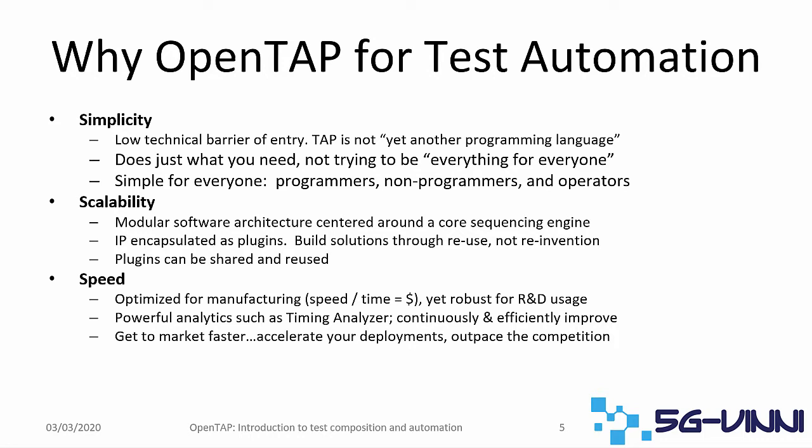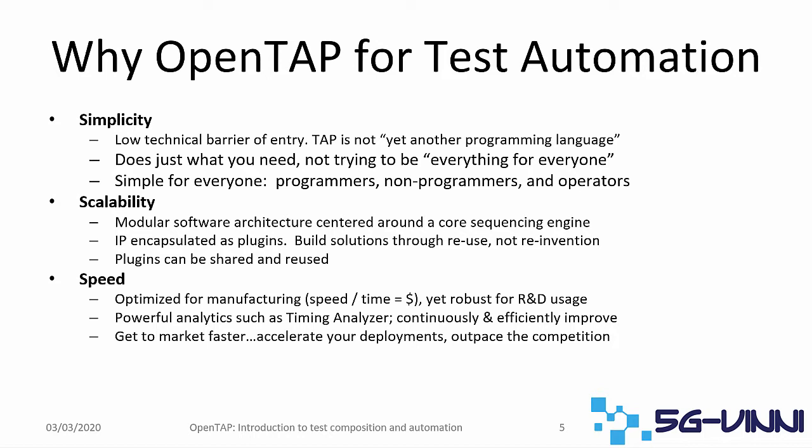There are three main reasons for using OpenTAP for test automation: simplicity, scalability, and speed. The entry barrier is low and is focused on test automation, not trying to cover unrelated stuff. It's simple for programmers to develop the plugins using the SDK, for non-programmers when creating test plans using drag and drop, and for operators as the exposed details can be limited all the way down to a single start button.